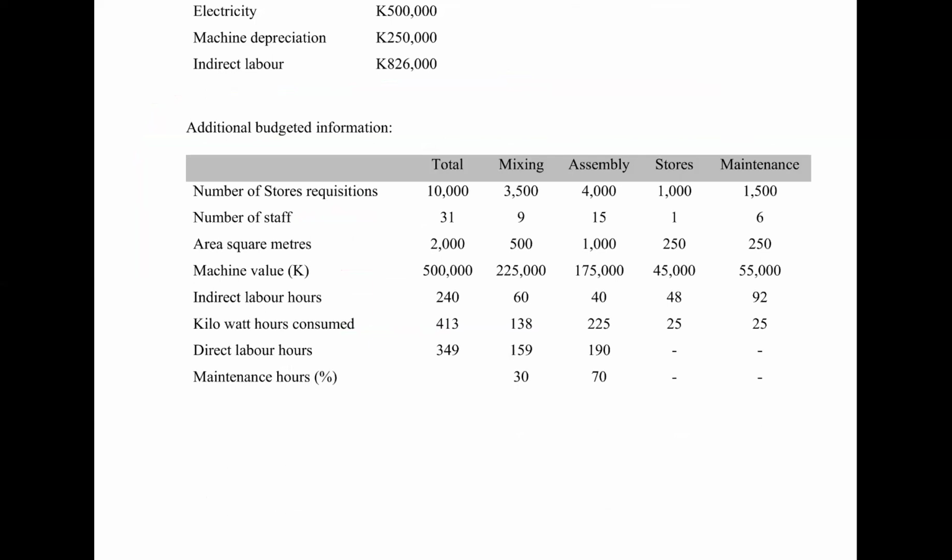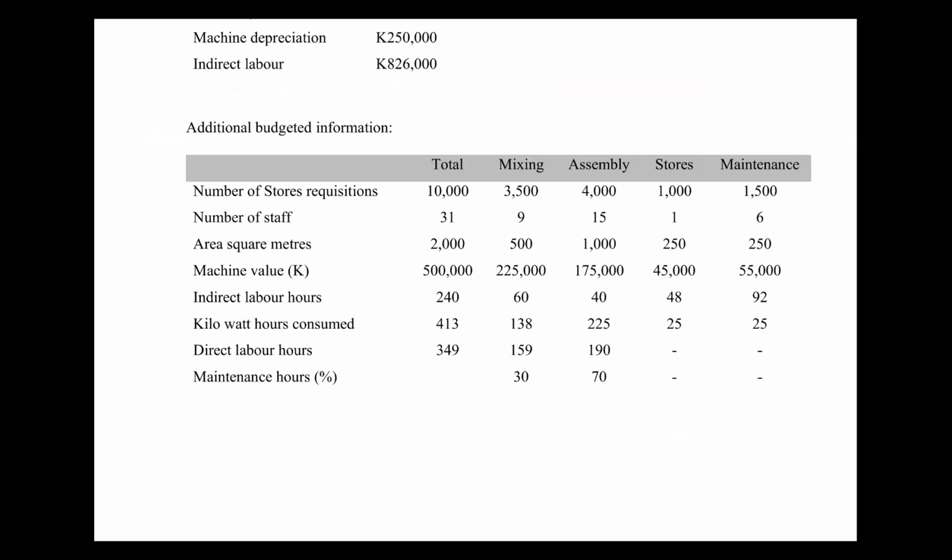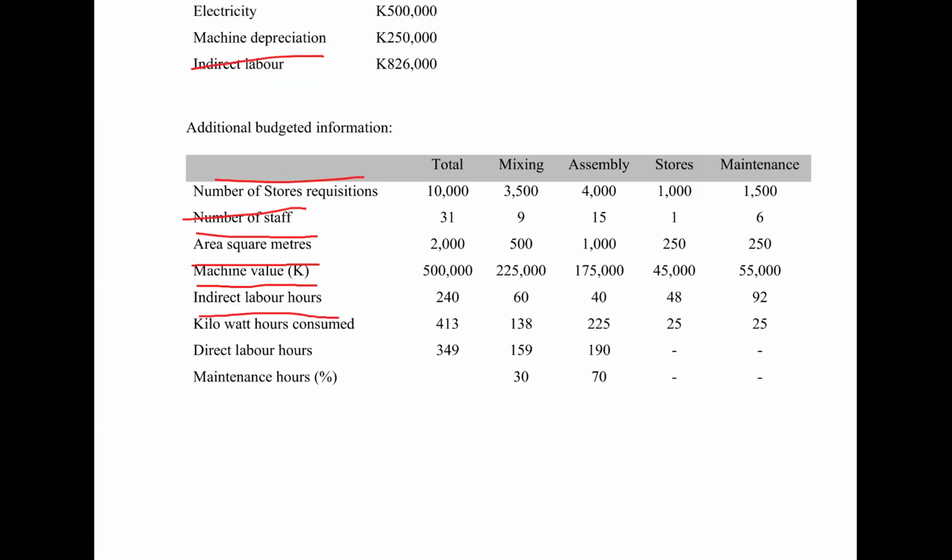There are these different bases of apportionment that you're given. Number of stores requisitions, number of staff. Are you going to do that by the number of staff occupied by each department? Are you doing it by the area occupied? Are you doing it by the machine value? Obviously, you know that for machine depreciation, I've said that you should use the net book value of the equipment, isn't it? Indirect labor hours, maybe you can use that to allocate indirect labor. Kilowatt for which cost? Anybody?